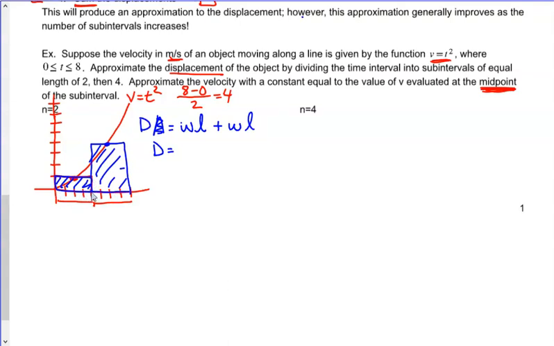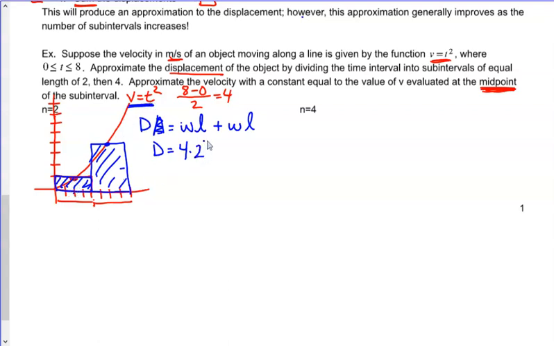So I have 4 times whatever this is. Well, that is matching up with the function value at my midpoint, which is 2. So the width here is going to be 4, but I need to use my function, v equaling t squared, to find this value, which is this length right here. So at t equaling 2, if I plug that into my function, that gives me this length here.